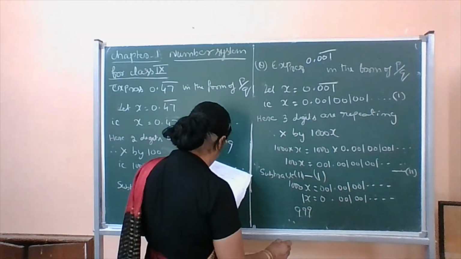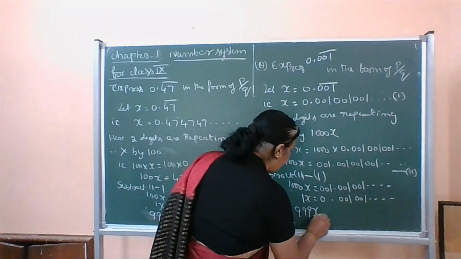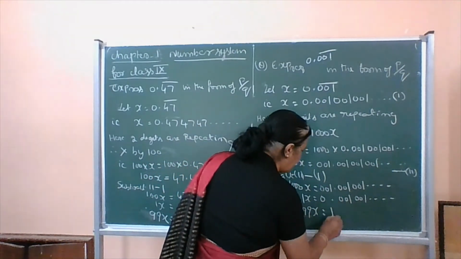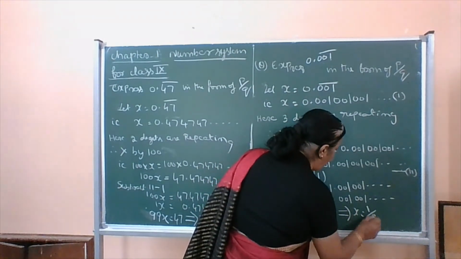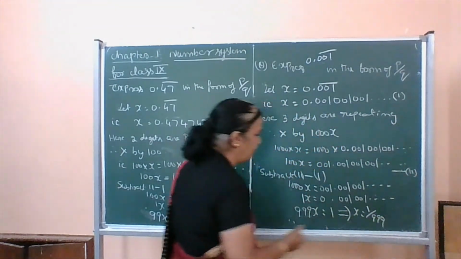Is it 999? x is equal to 1. Therefore, x equal to 1 over 999.